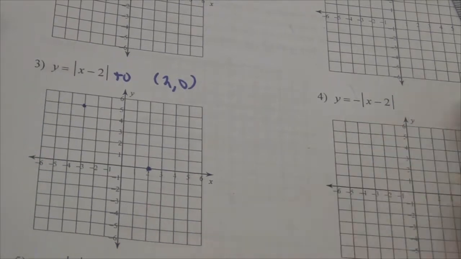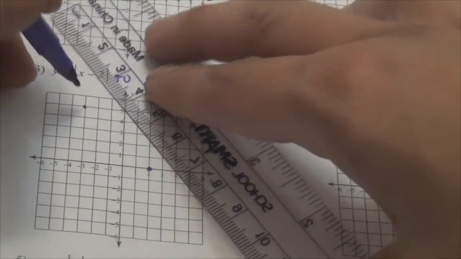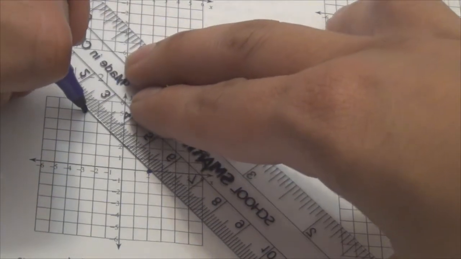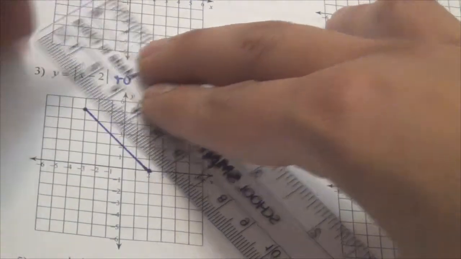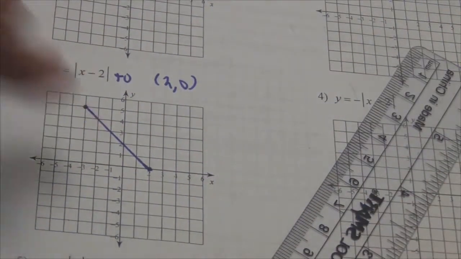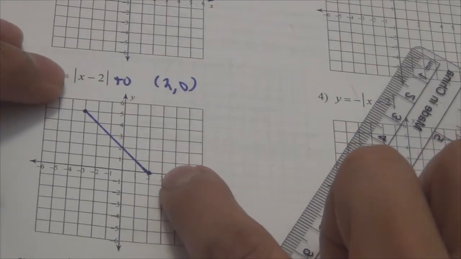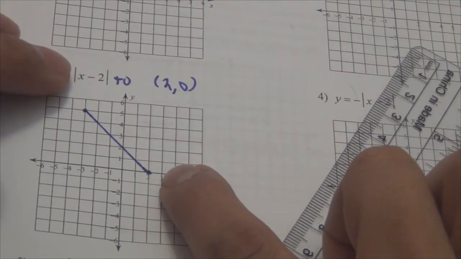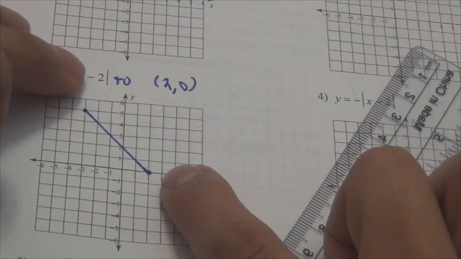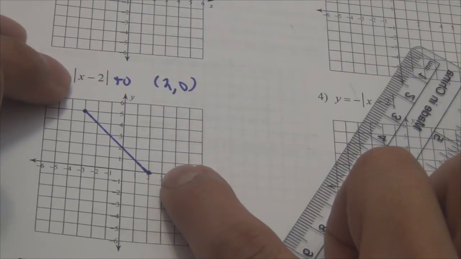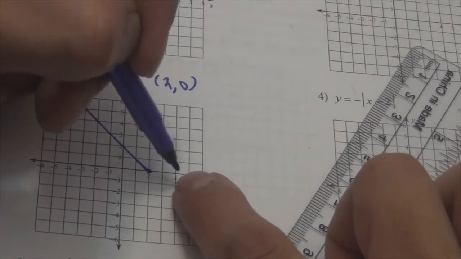So I just have to connect the 2 points, and I get my v. Now I need a positive value. Let's say 4. 4 minus 2 is 2. Absolute value of 2 is 2. So 4, 2 right here.